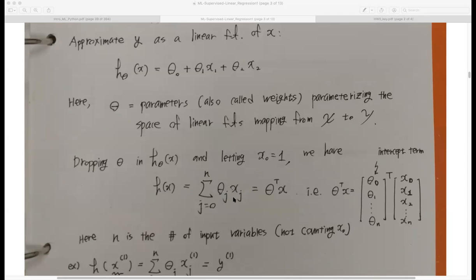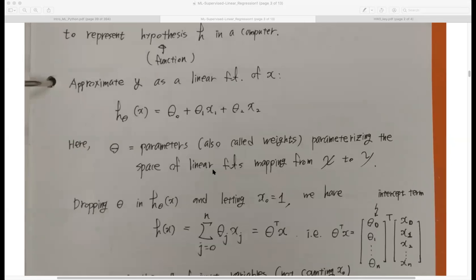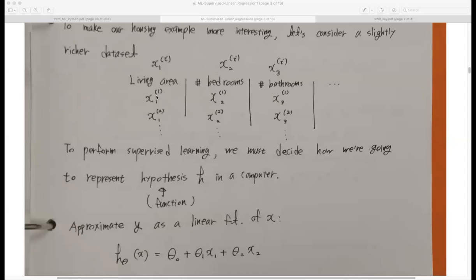Now we're going to generalize the linear function h, having not just two features but n features. n is the number of features, or you can say the number of columns. How many examples do we consider? m, keep this in mind.